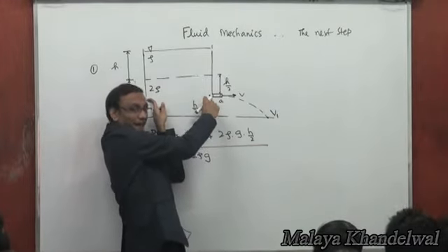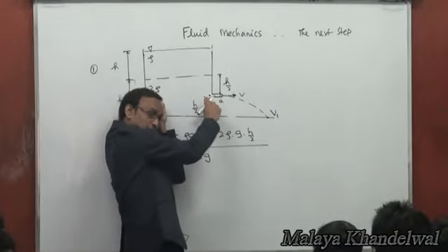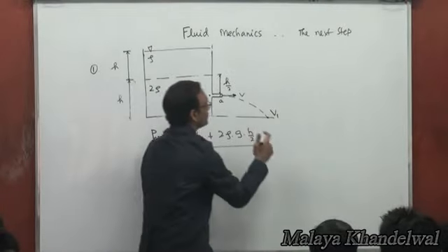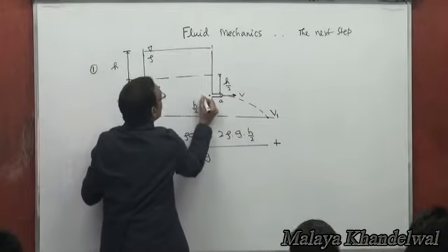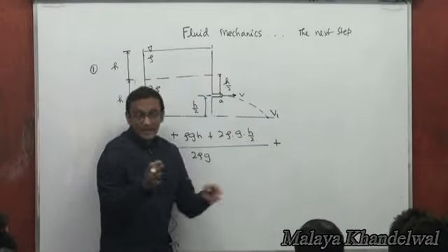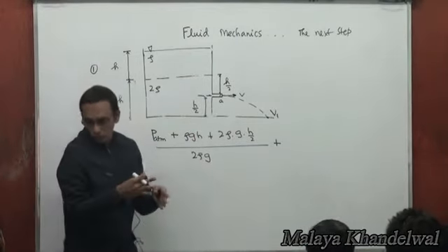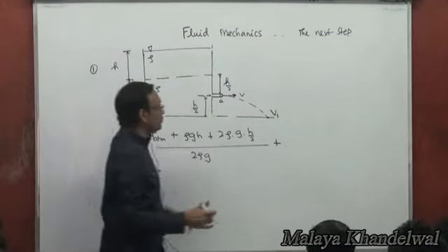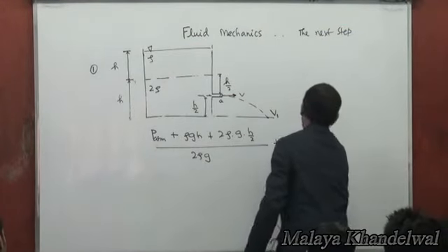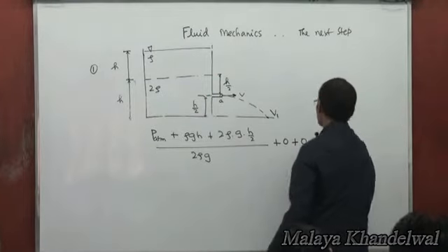The dynamic head v squared by 2g could be neglected here because the area of cross section is large, right? If I look at this as the datum, that is z equal to 0, v is 0 and z is 0 at this point, right?